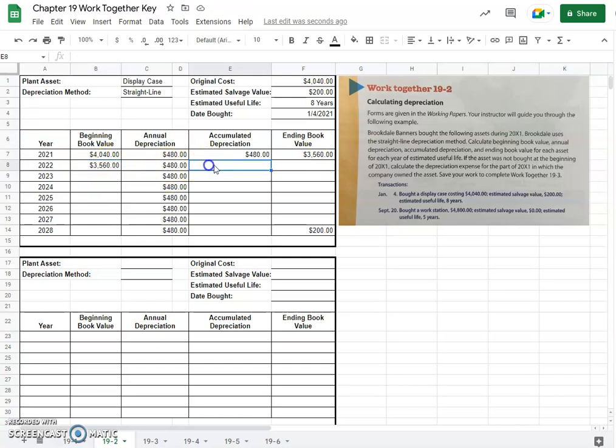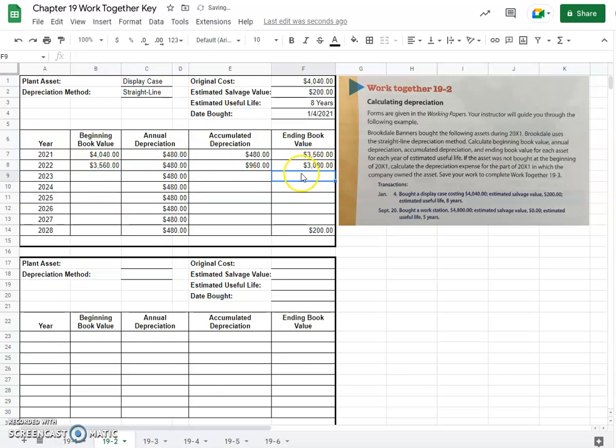And then your accumulated depreciation will be your previous year's accumulated depreciation plus depreciation from this year. And your ending book value will be your beginning book value minus the annual depreciation.